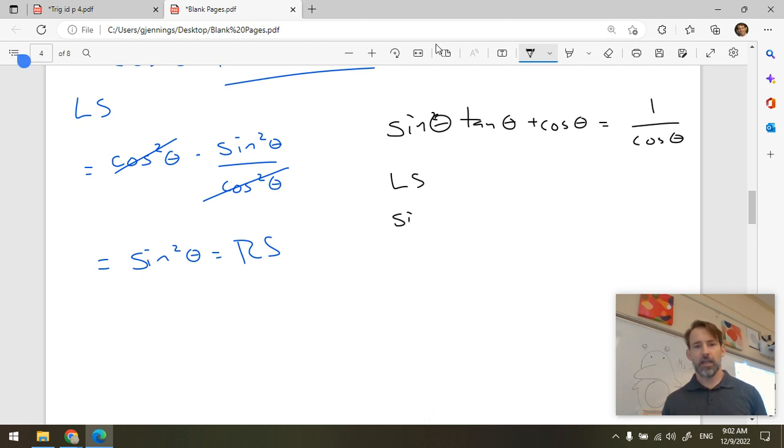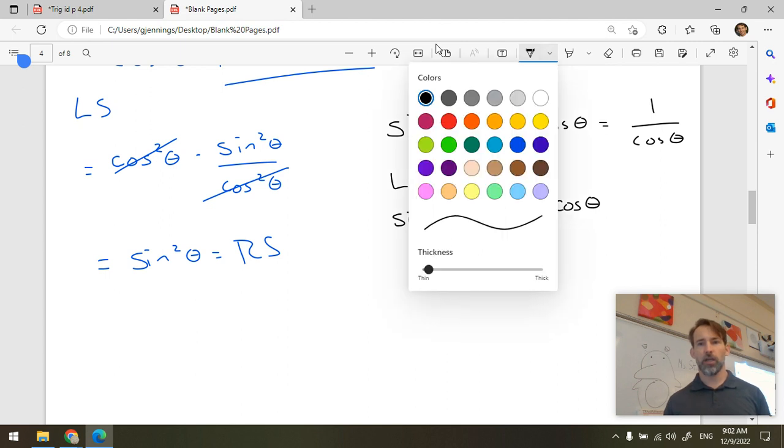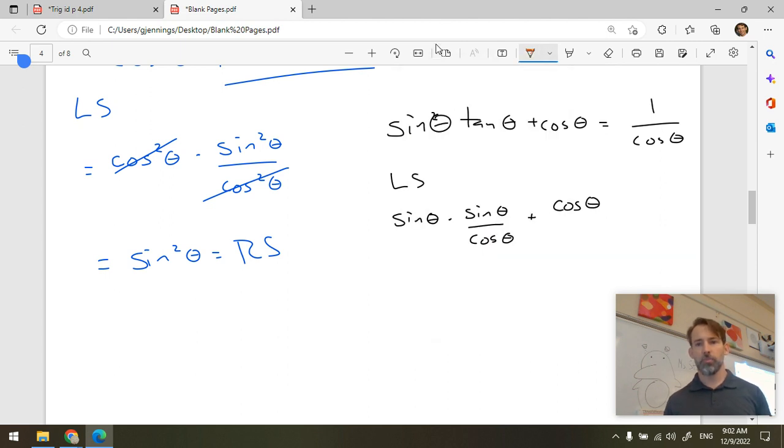So, sine theta multiplied by sine theta over cosine theta, because tan theta is just sine theta over cosine theta, plus cosine theta. But I'm going to want to create a common denominator here. So I'm going to get out my create common denominators pen and multiply that top and bottom by cosine, because I notice that I'm going to have to have a common denominator of cosine.